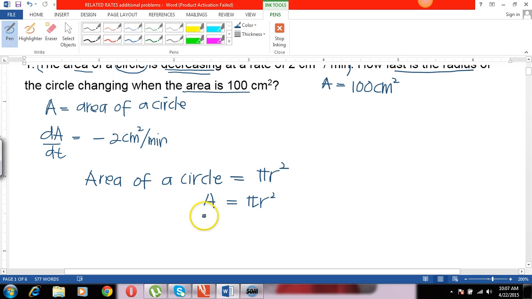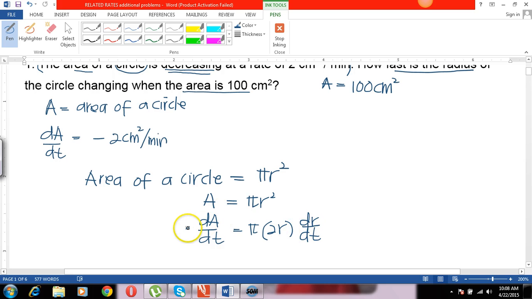So we differentiate A to get dA over dt. Differentiate pi r square, then we have pi times 2r, then dr over dt. We differentiate the r variable, so we put dr here. And our main variable is t, so we put dt as the denominator.